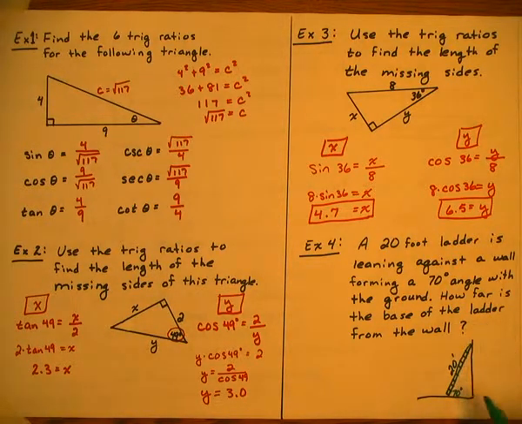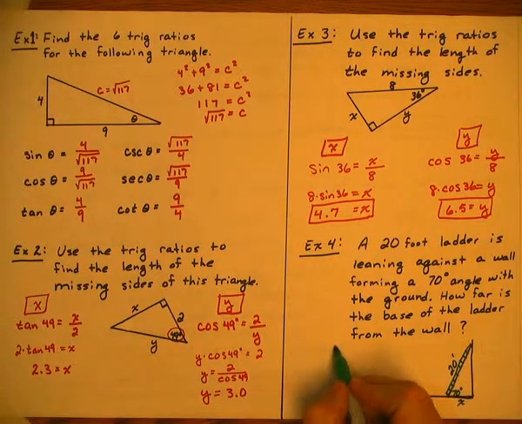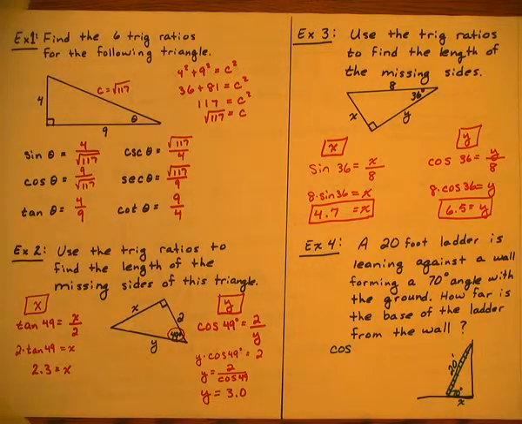How far is the base from the wall? That would be this side right here. So we want to find the length of this. Well, what trig function is this? This side is the adjacent side. This side is the hypotenuse. Adjacent and hypotenuse. That is cosine.